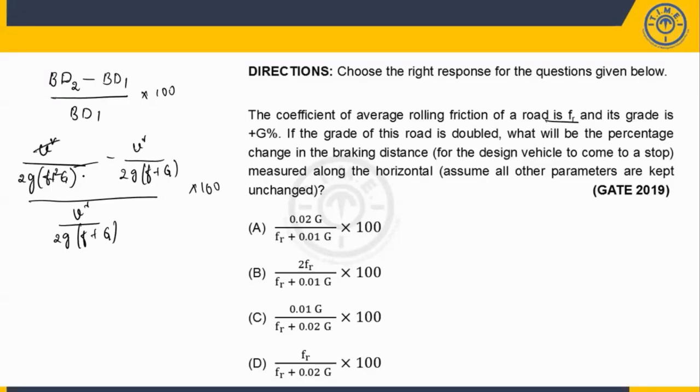So can I cancel out V square, 2Z, all the things? Yes, sir. So I am left with 1 by F plus 2Z minus 1 by F plus Z, upon 1 by F plus Z. Yes or no?